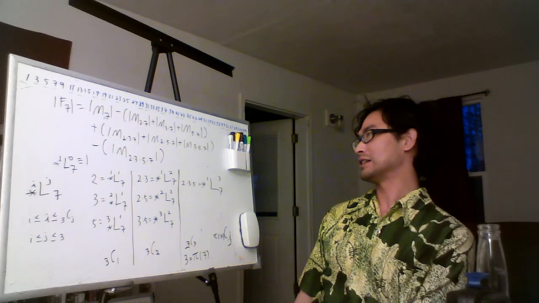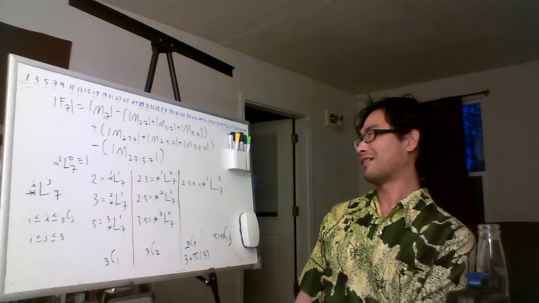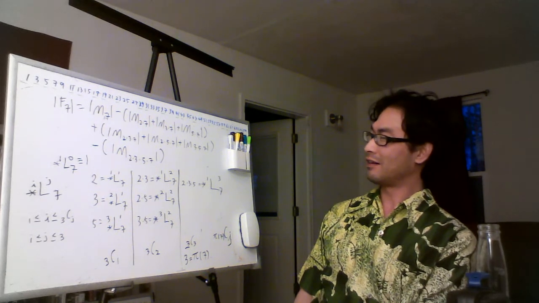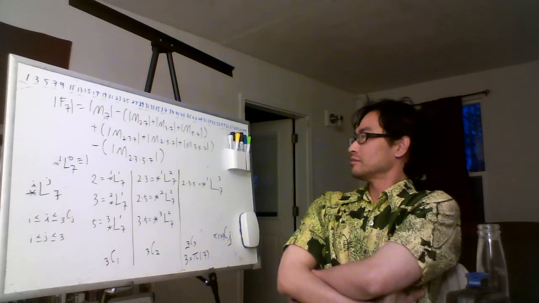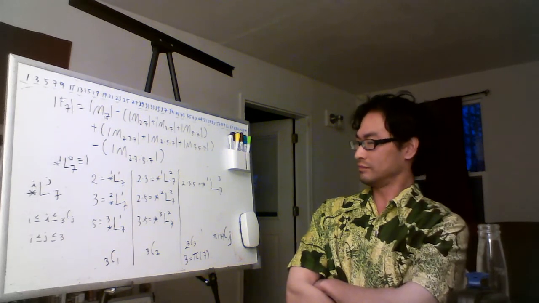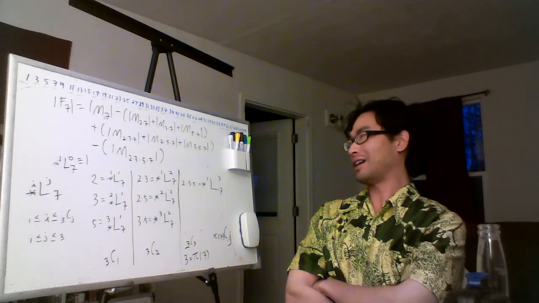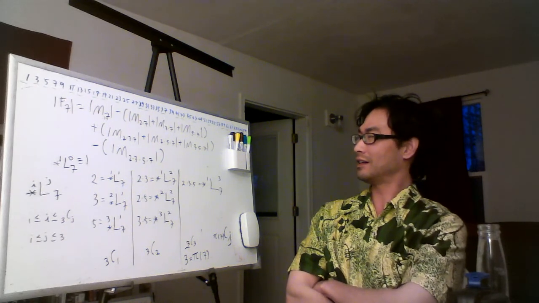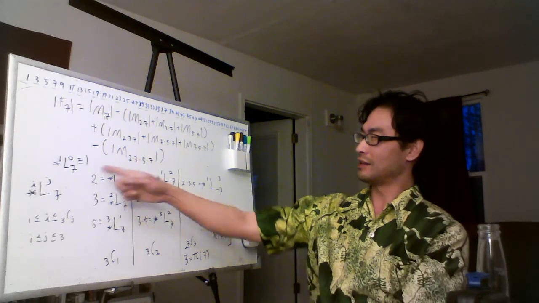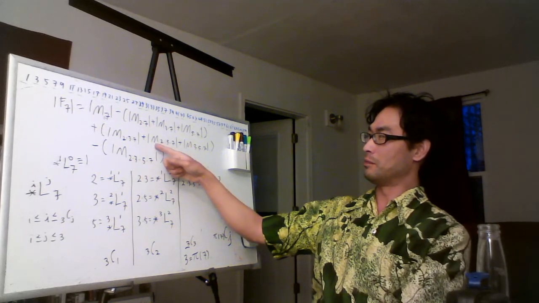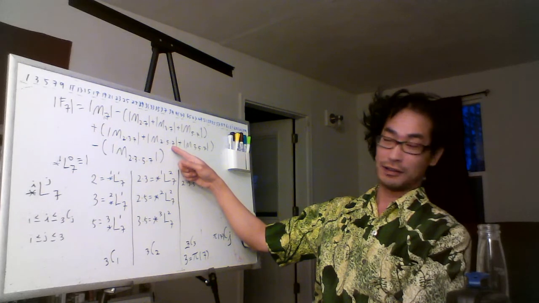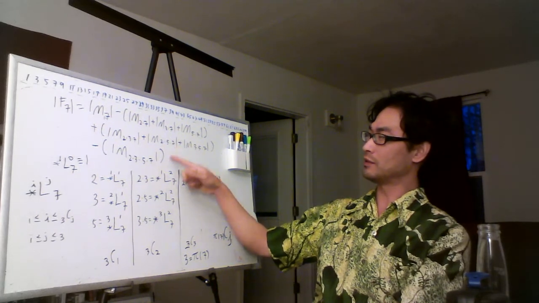Yeah, the lesser prime set is the index of this multiple set, 2 times 5 times 7.